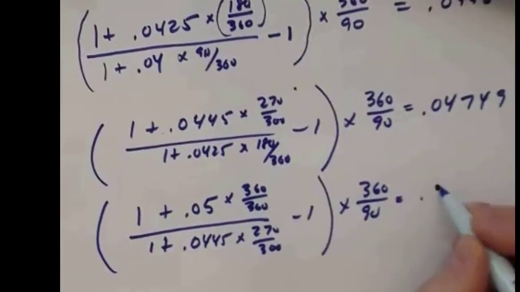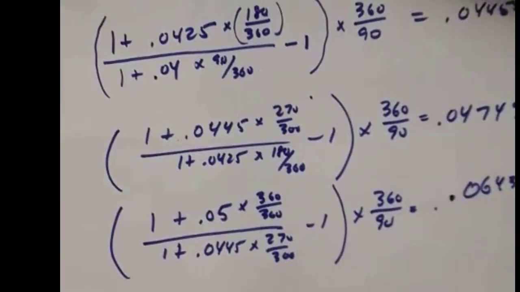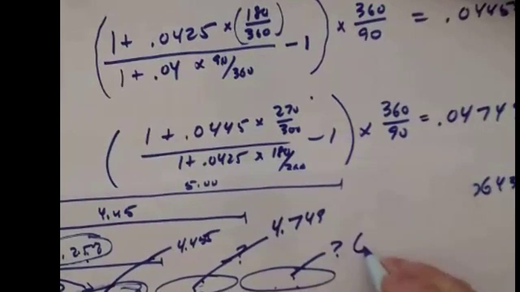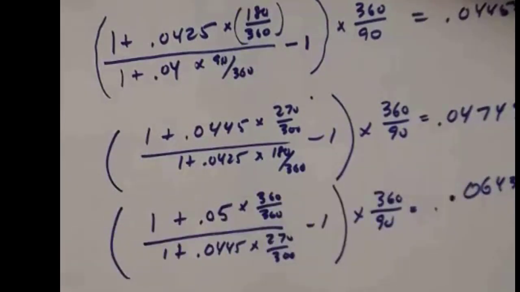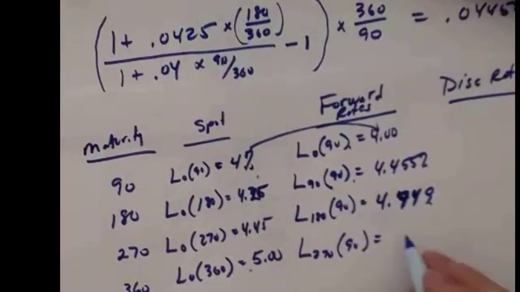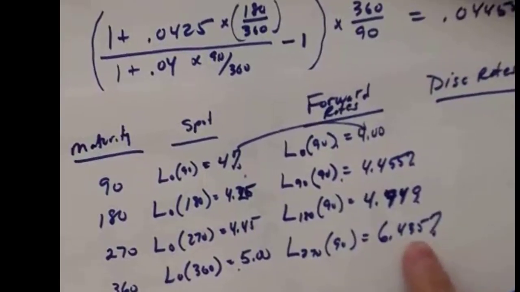That number comes out to be 0.06435, so the rate becomes 6.435%. Our table shows 6.435% for that last forward rate.